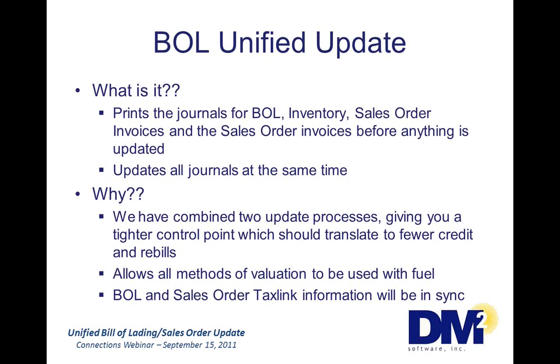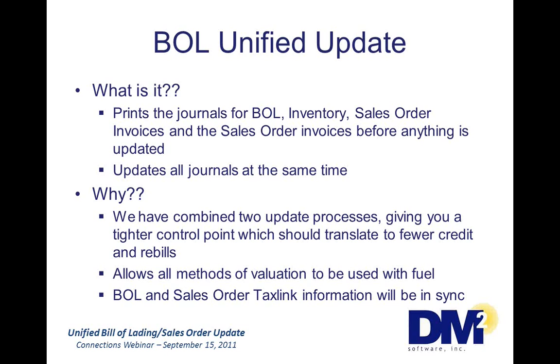At that point, your only option is a credit and rebill. But giving you the ability to review the bill of lading and sales order journals at the same time, and the ability to see the sales order invoice before the bill of lading it is attached to is updated, you'll be able to make any required corrections, thereby reducing your credit and rebills, hopefully by a considerable bit.